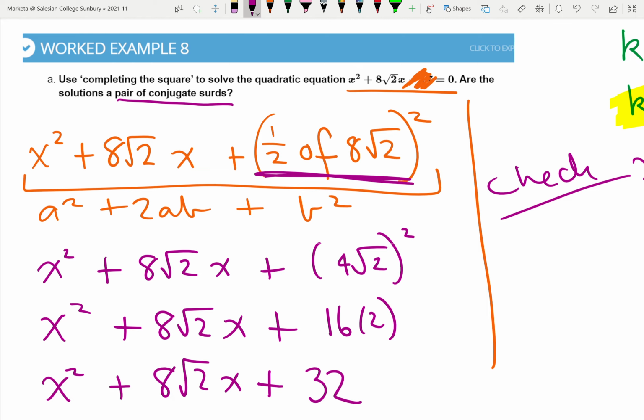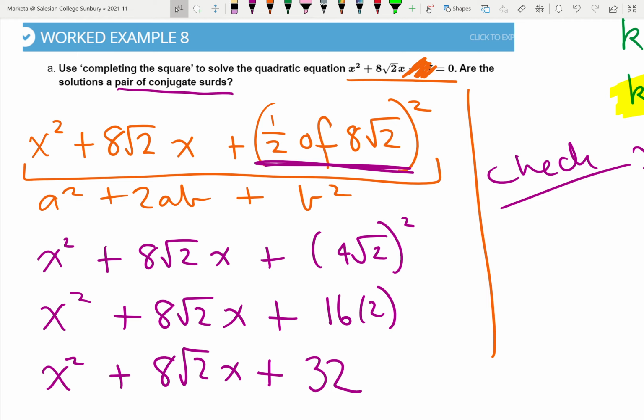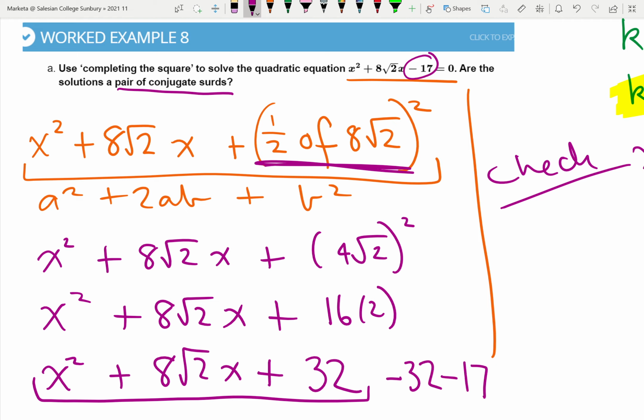So now we've got a minus what we've added on. So when we did this, we added on 32. So here is our complete square, and minus 32, and then I'm going to put this negative 17 back on.